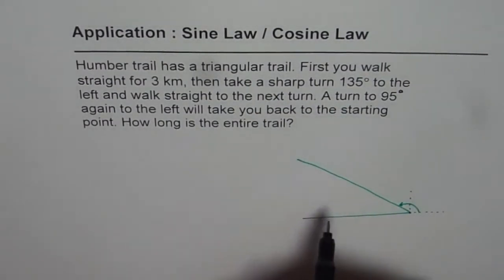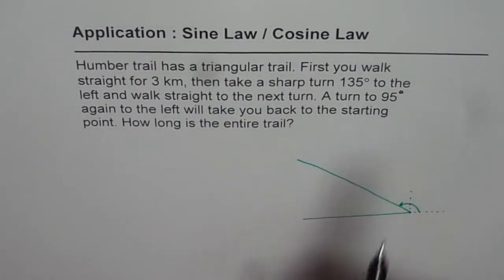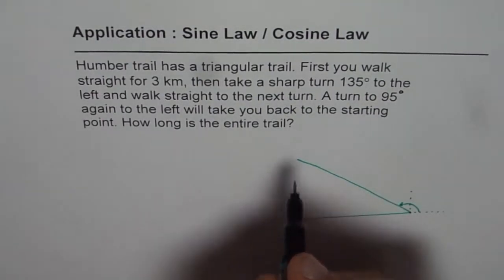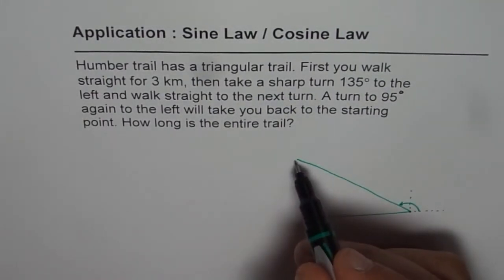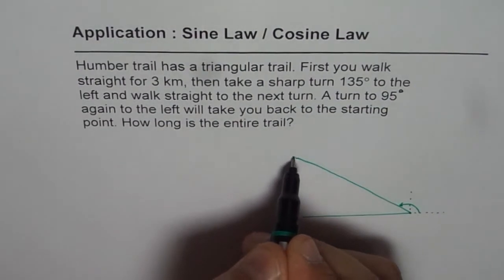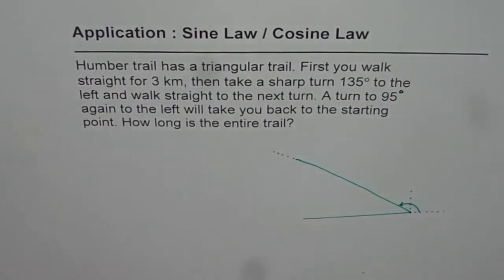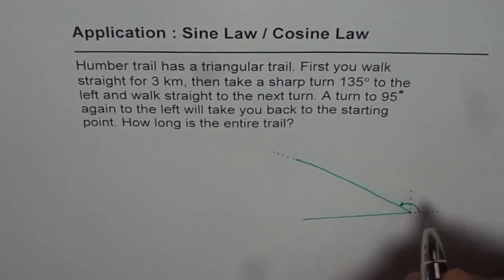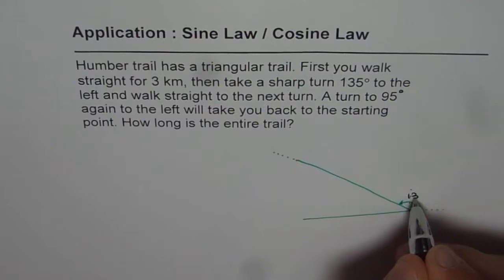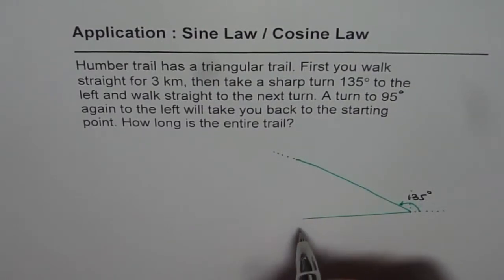So let's go further because the next turn is 95 degrees. What we will do is we'll come back 95 degrees and see where we land. So this is your direction, which is 135 degrees from the way you were going. So this is 135 degrees, correct? And let us say you started and you went 3 kilometers.